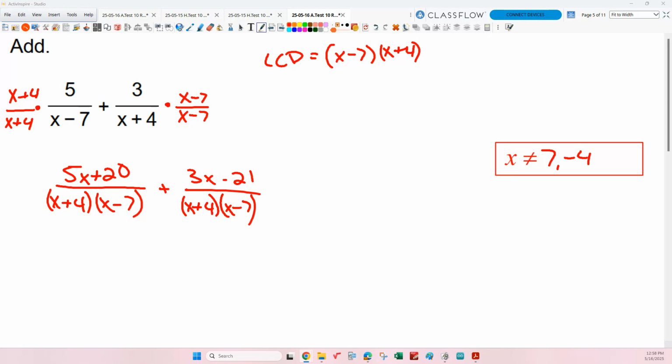You combine. Okay, combine numerators. Get 8x minus 1. Denominator stays the same. Can I do anything else? No. So that's the final answer. Not bad.